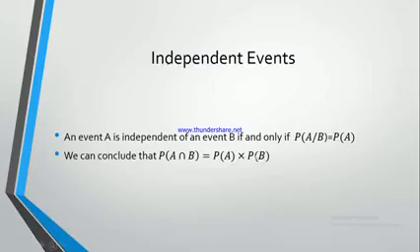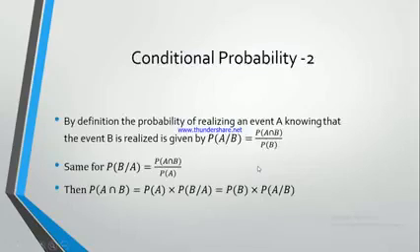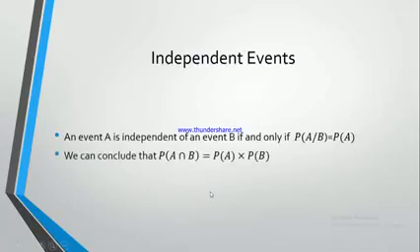And we conclude that the probability of the intersection is P of A times P of B. Why? Because the probability of the intersection is P of A times P of B given A. But P of B given A is P of B, so the probability is P of A times P of B.